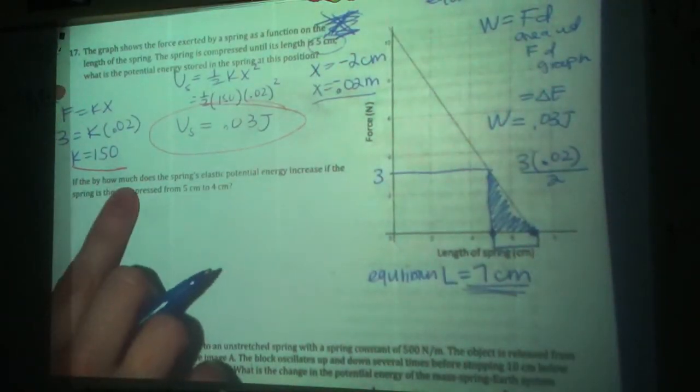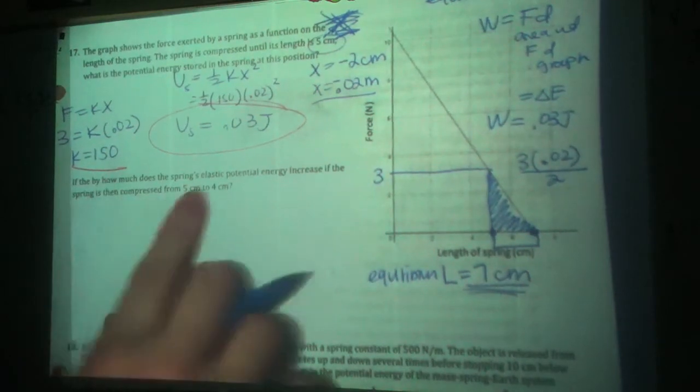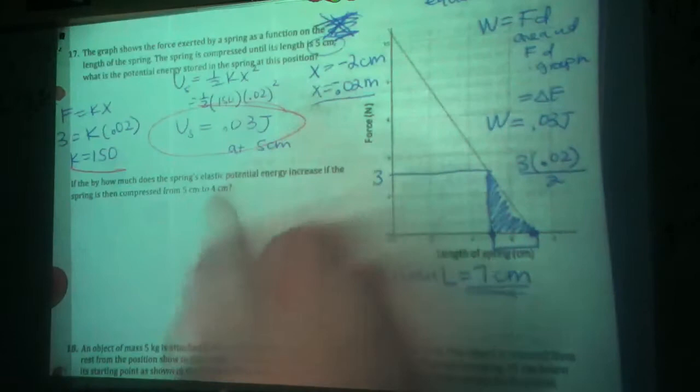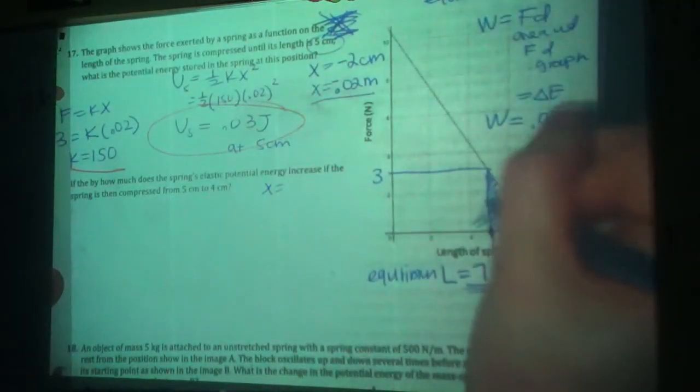By how much does the spring's elastic potential energy increase if the spring is then compressed from 5 centimeters to 4 centimeters? So I know this is my potential energy at 5 centimeters. If I go to 4 centimeters, then my displacement would be 3 centimeters, like even more, right?